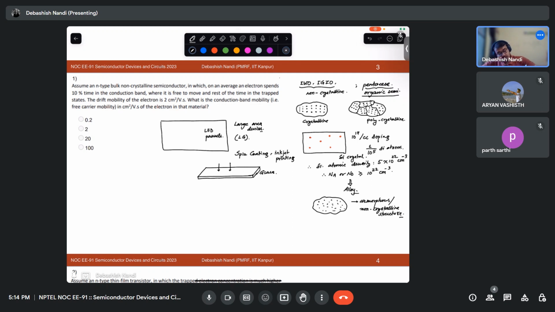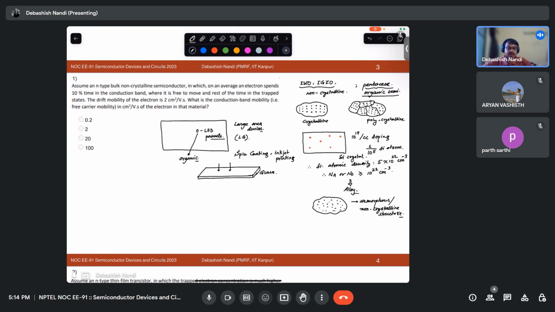Fine. So in these LED panels, you know that in OLED, O stands for organic. Depending upon multiple types of organic substrate, it's just a liquid organic semiconductor. So you can coat it and you can create LEDs.